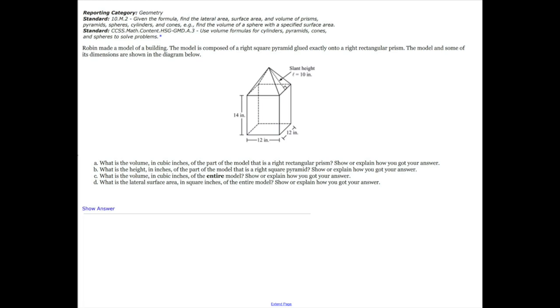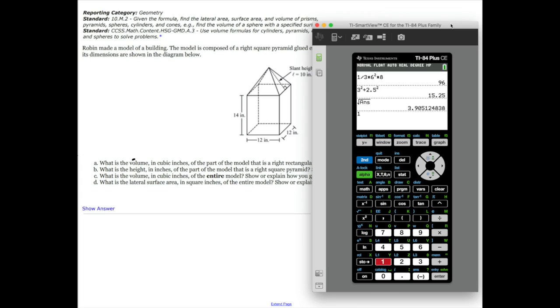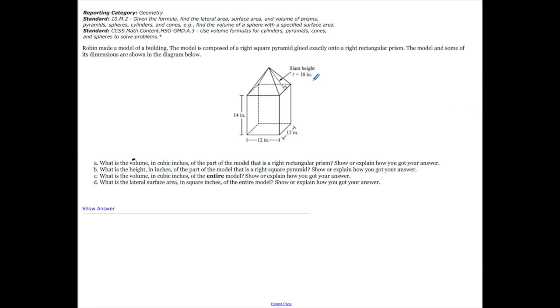All right, let's break this one down piece by piece, so to speak. The volume of the right rectangular prism would be 14 times 12 times 12. All right, so I'll go to my calculator. 14 times 12 times 12 is 2016 inches cubed.